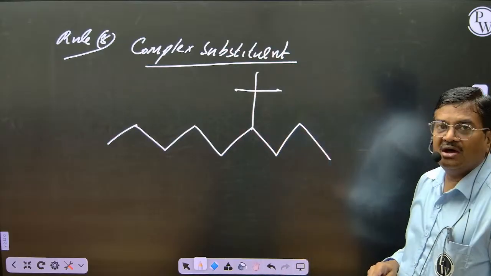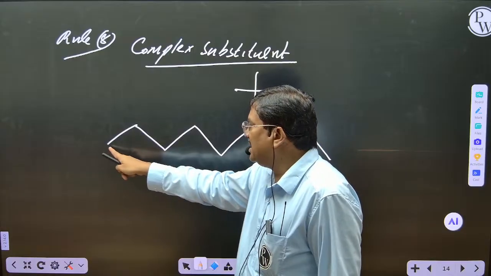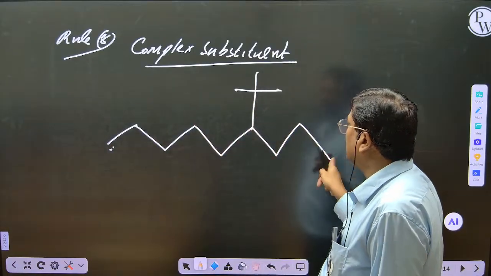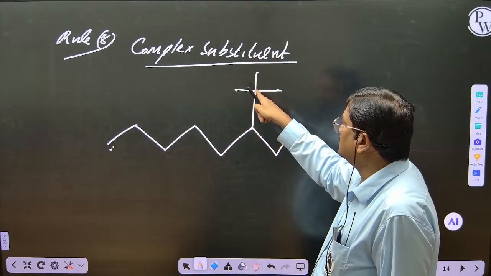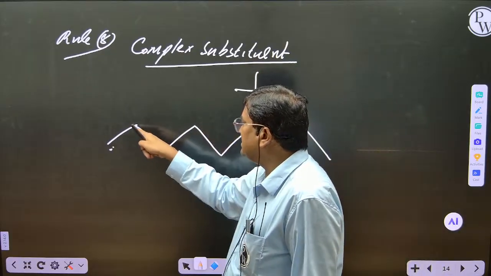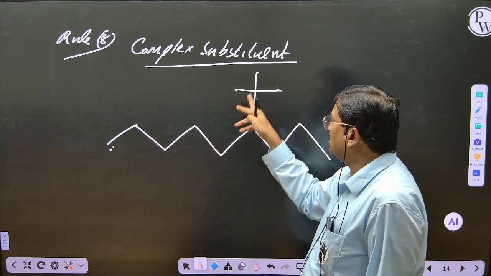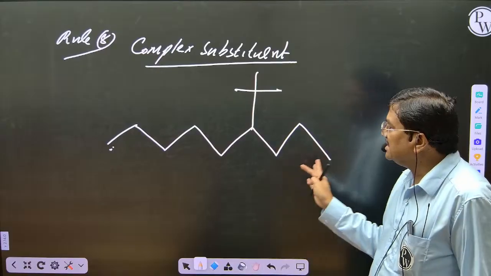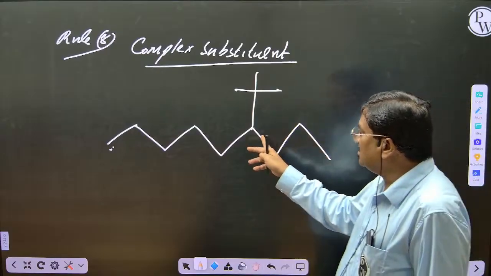Now see, select the long chain, student. When I go straight, how many carbons? 1, 2, 3, 4, 5, 6, 7, 8, 9. If I go from here, 1, 2, 3, 4, 5, 6, 7, 8. So here only one possibility, the straight chain, correct? After selecting the straight chain, give numbering so that the first locant gets the least number.